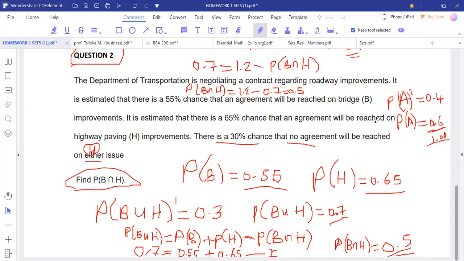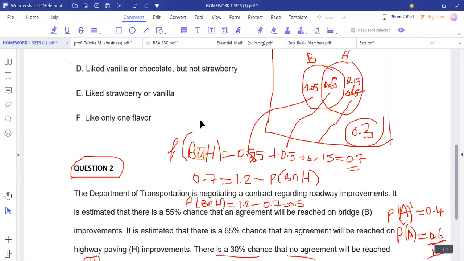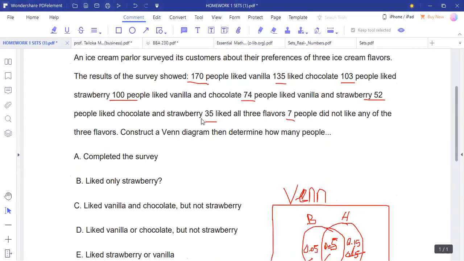Are there any questions at this point you could ask? Sometimes people think sets are very easy, but they have their own complexities. All right. So we're going to look at another question under set notation.